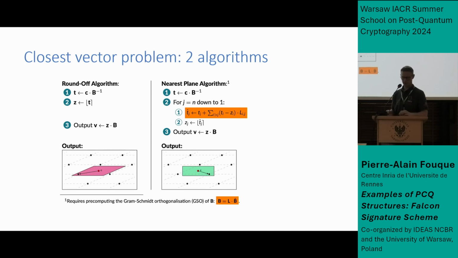I described to you at the beginning the round-off algorithm to find a lattice point that is close to some random value. You can see that we are in this situation, but there is also another algorithm that is called the nearest plane algorithm.